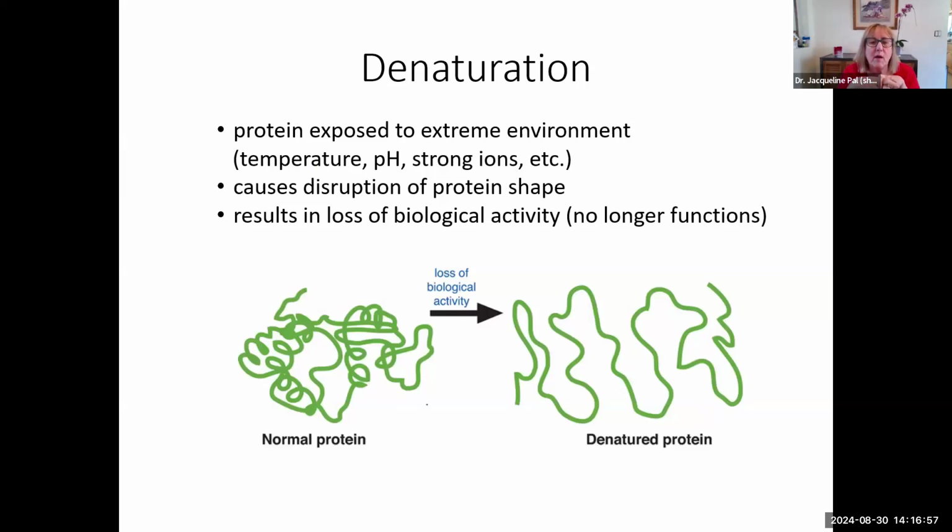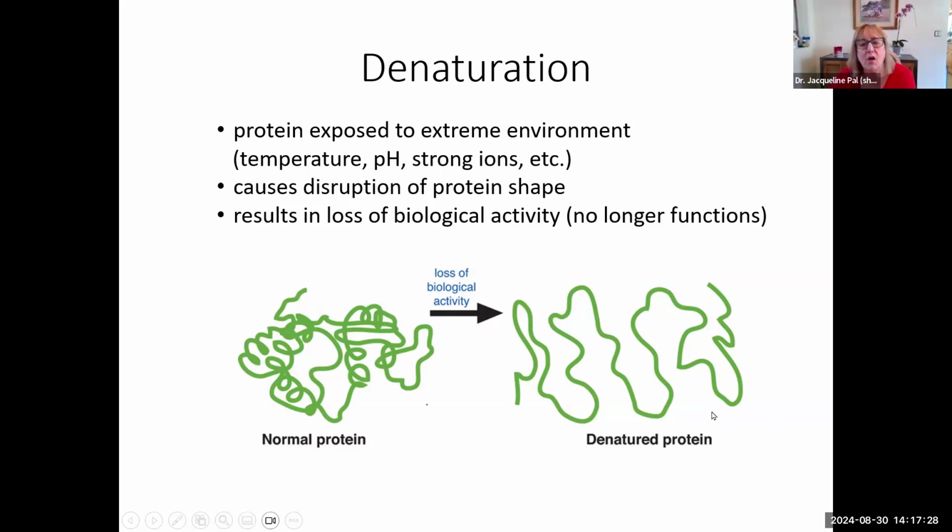One thing I want to talk about proteins that you may have heard about is when proteins become denatured, and what that means is when a protein is exposed to an extreme environment. For instance, if it is heated, or if it is frozen, or if it's exposed to a strong acid or a base or strong ions, what happens is the normal shape of the protein is changed, it is disrupted.